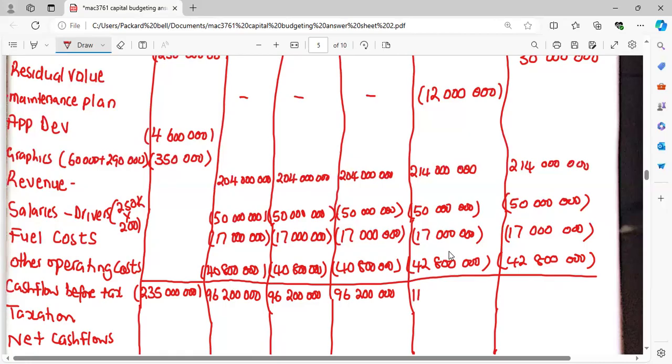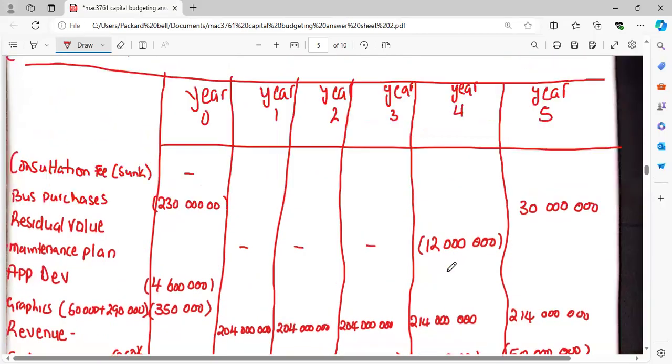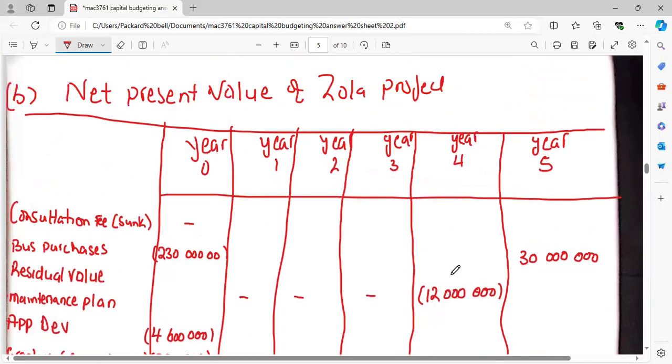I get a different one. How much do you got? I get 104,200,000. What's happening? Why are we getting different? Is there any calculation that we missed? Because in year 4 we have the maintenance plan, which needs to be subtracted.